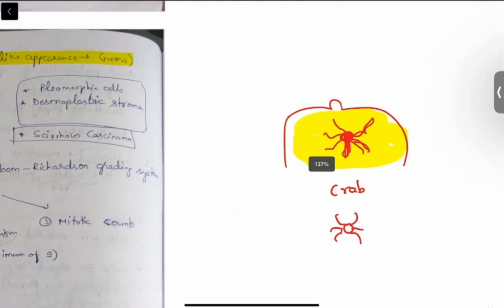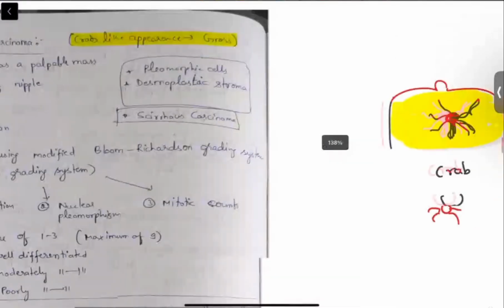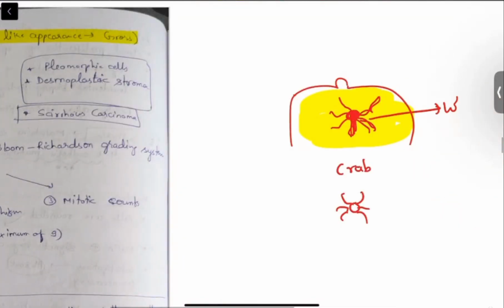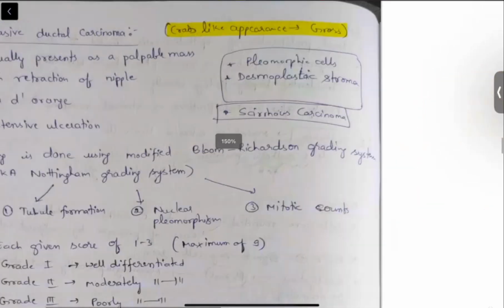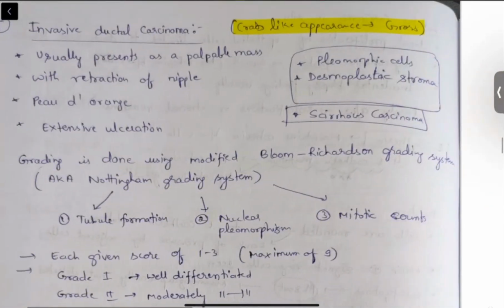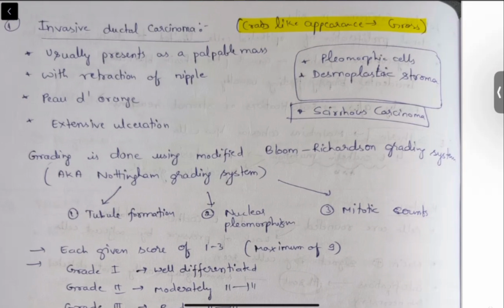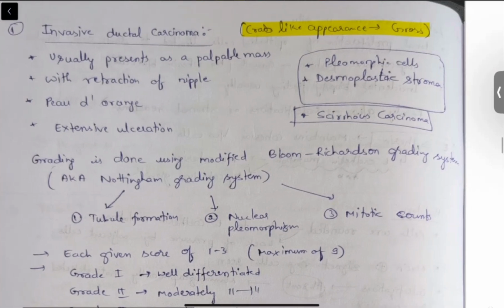Hence it is said that usually this will be whitish in color. A greasy white structure, which is usually a gritty substance or a solid tumor arising in the specimen of breast, is typically invasive ductal carcinoma. So on gross appearance, it is like a crab.